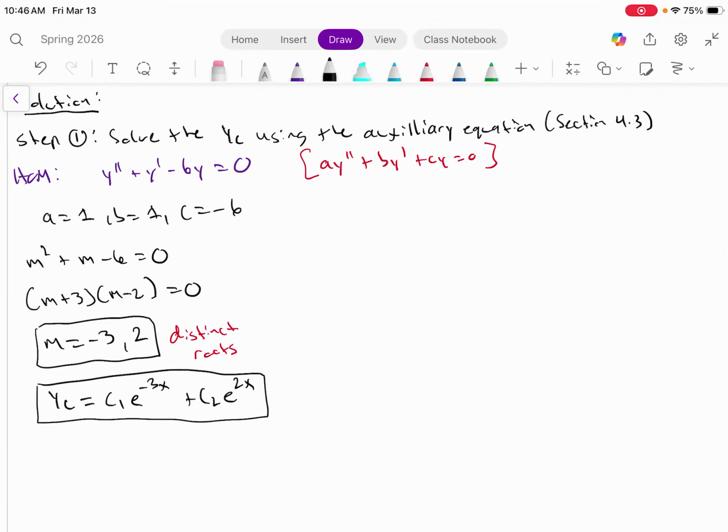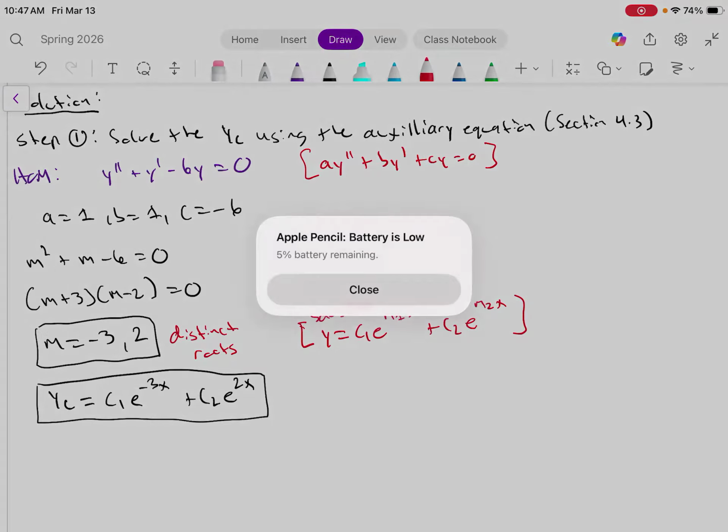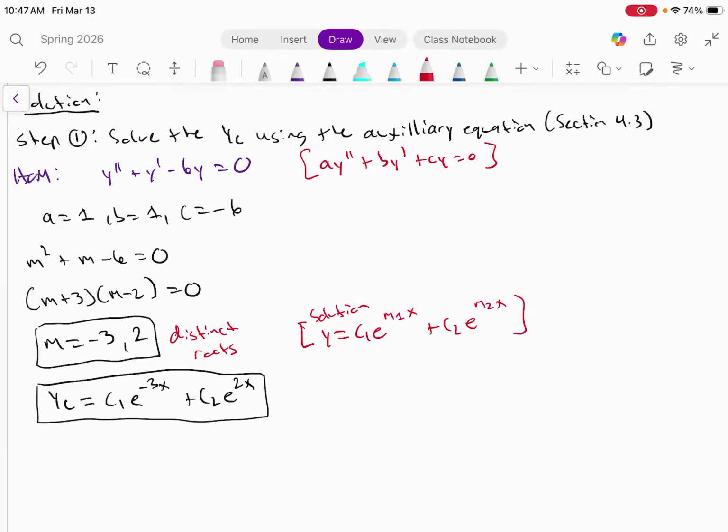Just remember that the solution for distinct roots would be y equals C1 e to the m1 x plus C2 e to the m2 x. Okay, so that is step one.